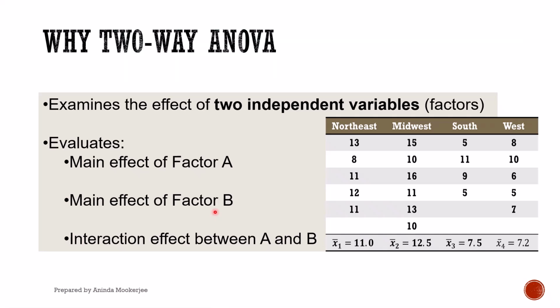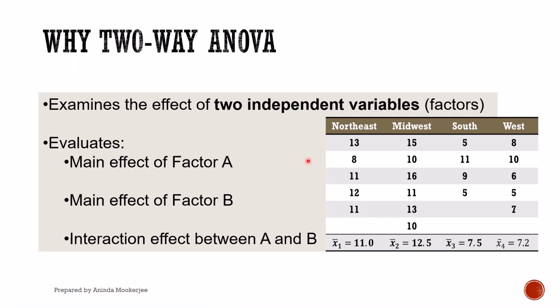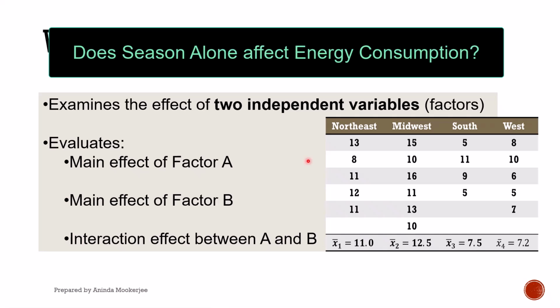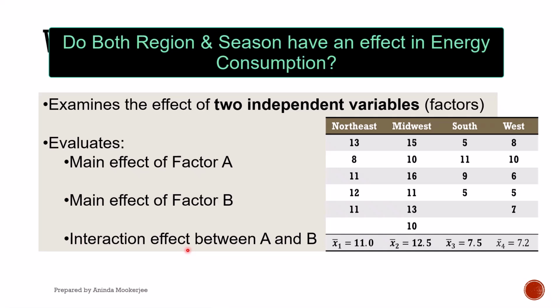So a two-way ANOVA study would help us determine whether just region by itself has an effect in determining the energy consumption, or is it the season by itself that affects the difference in the means between regions, or is there an interaction between the two factors? That is, the region and the season, do they both have an effect on the energy consumption?